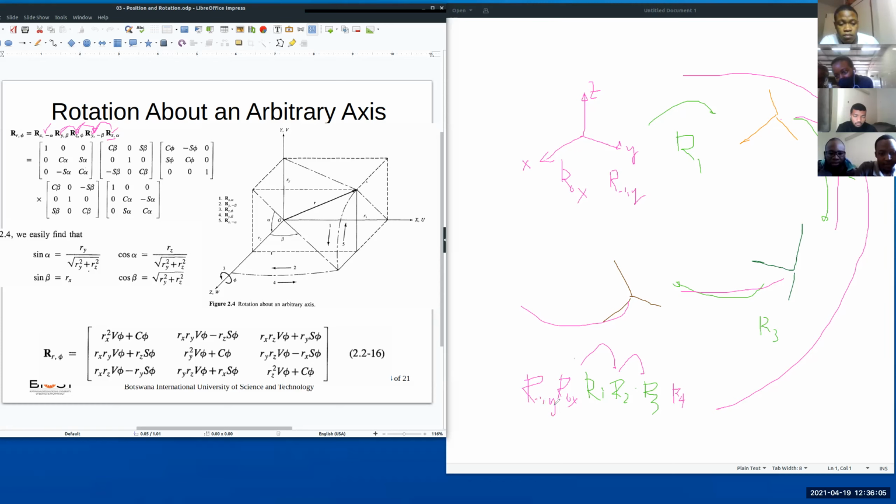Then maybe another rotation with respect to Z. We call it R2, rotation R2 about the Z axis. Okay, again you pre-multiply because this rotation is with respect to the stationary frame. Okay, I hope that's clear.